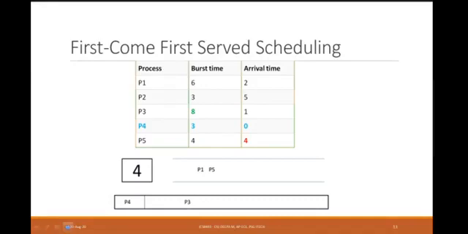We have one more process, P5, which will enter into your ready queue, and there is already one more process P1 which entered at time 2. So at time 4, P3 is still under execution, right? Because it has to go till 11. So this will be the case at time 4.